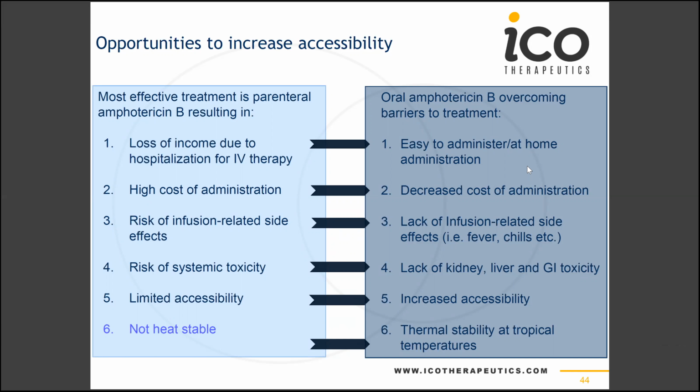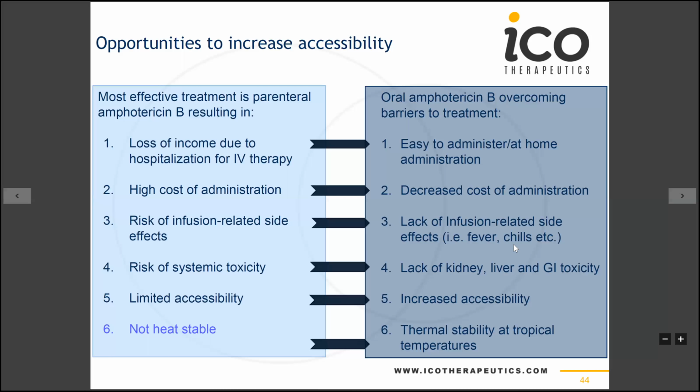Decreased cost of administration. It's not only the cost of the tablets itself, but all the other aspects of a parenteral formulation. You don't have to worry about the IV bag or the needles or the trained personnel or sterile conditions for an IV. We can give this as an oral formulation. You have a lack of infusion-related effects. This is given orally.